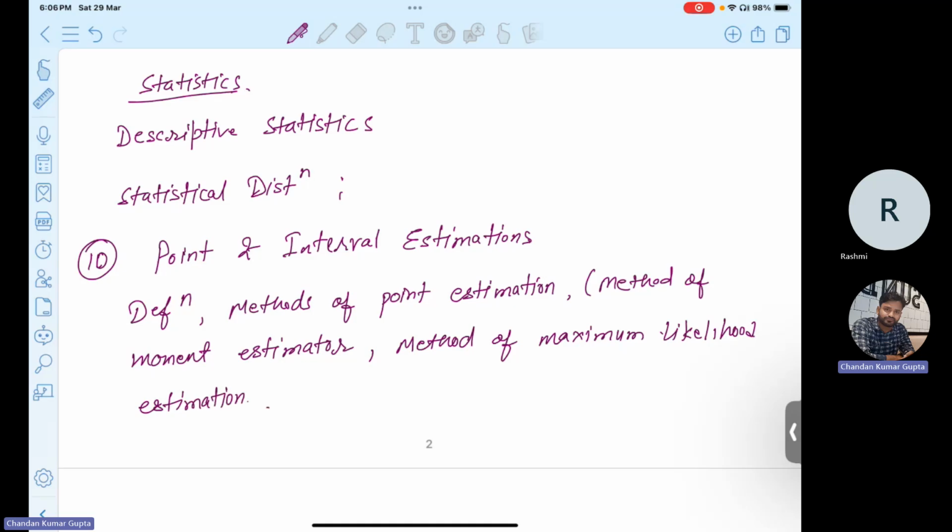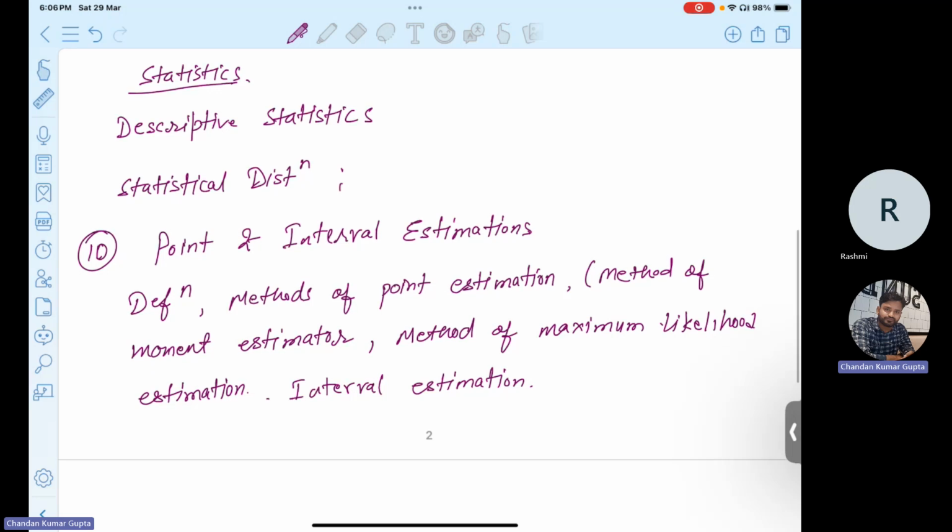Then we will discuss interval estimation. So these are the topics in the 10th week.